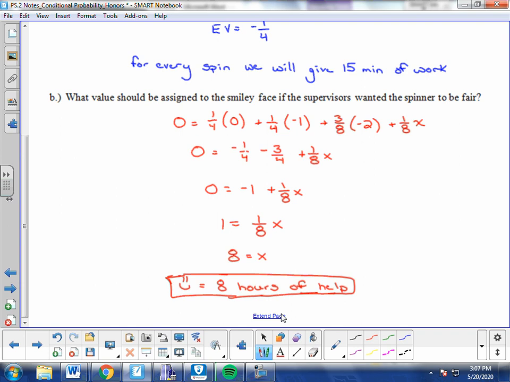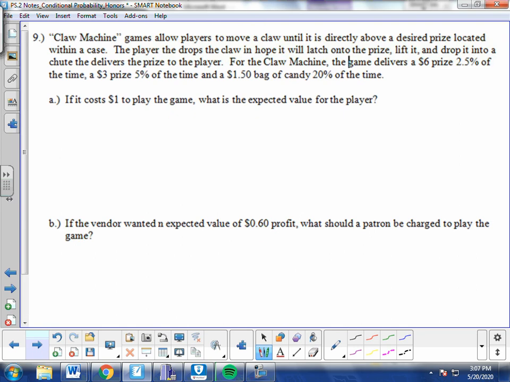So this is what expected value does: it assigns a number to interpret what we can expect to get as benefit from a game of chance, if you will. Let's take a look at another example.